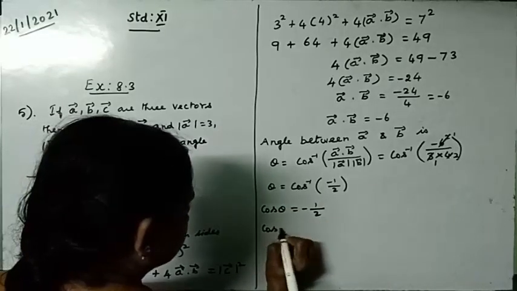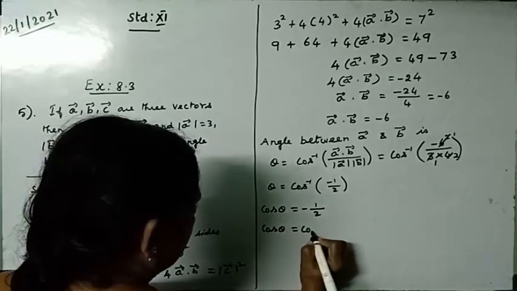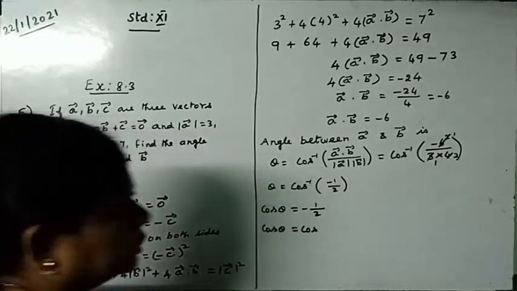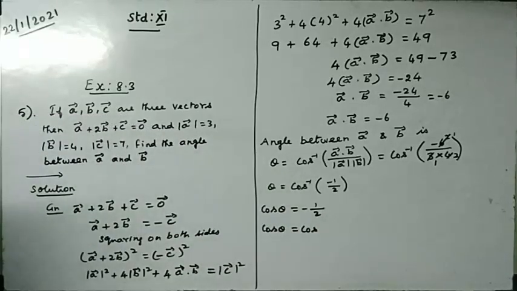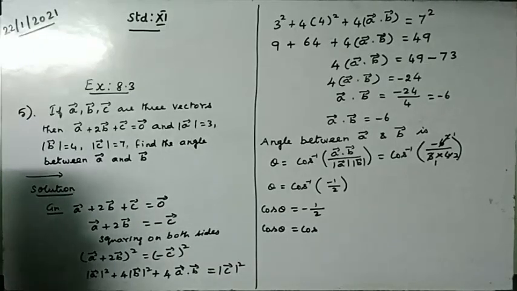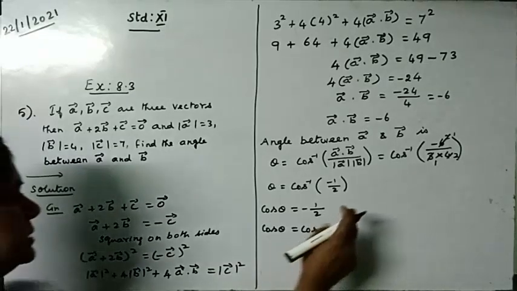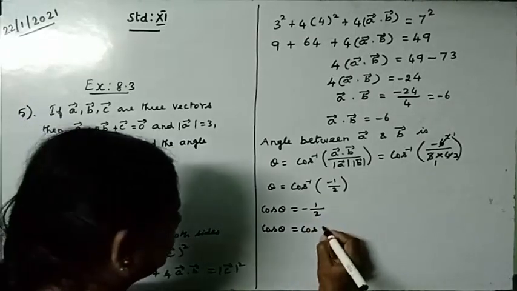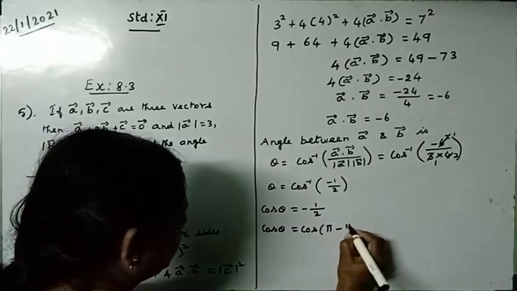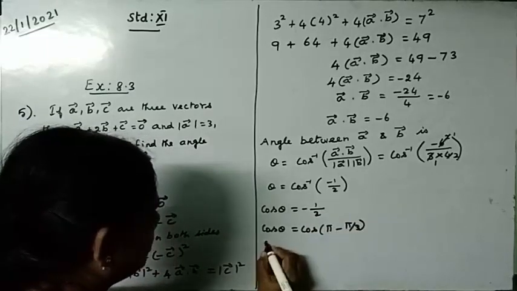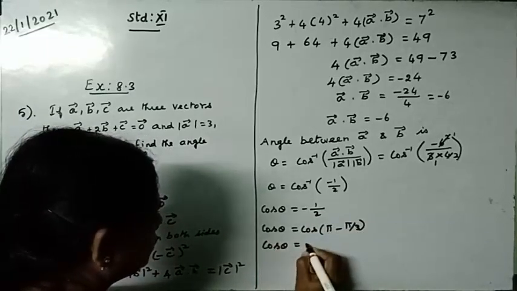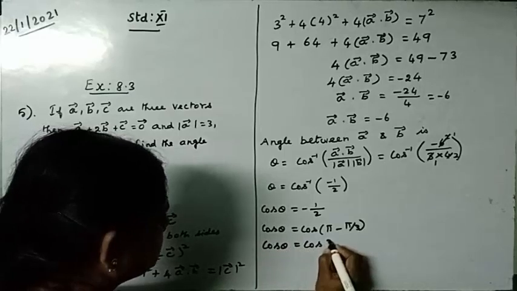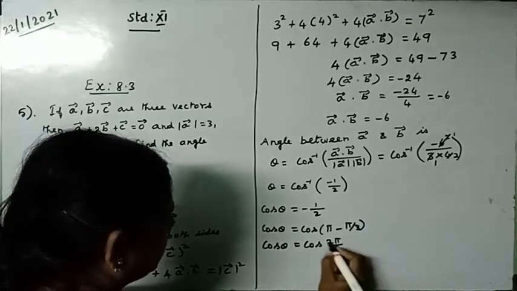I can write cos theta is equal to cos, 1 by 2 is there, then at 60 degree, cos 60 is equal to 1 by 2. 60 degree we can write as pi by 3 in radians. But here there is a minus, so I can take pi minus pi by 3. So cos theta is equal to cos 2 pi by 3.